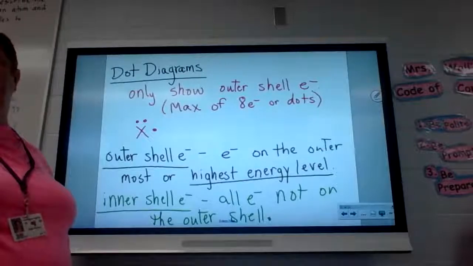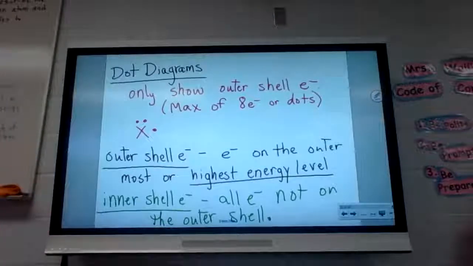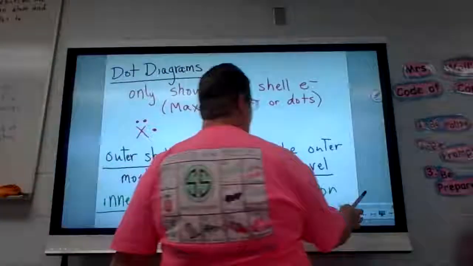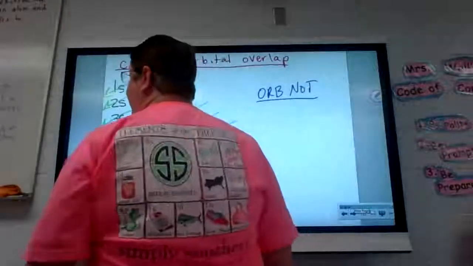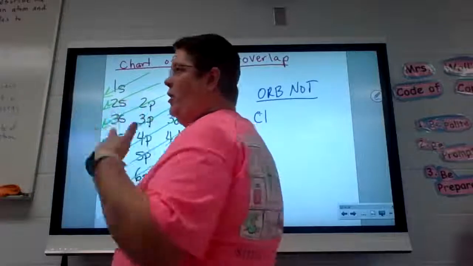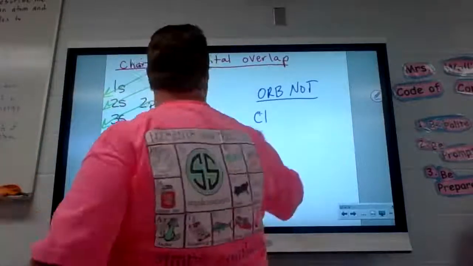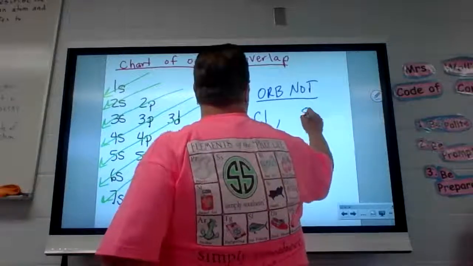Anybody else need more time on this? Tell me when you got it, Danielle. Everybody got it? All right, so orbital notation. Just like the ones we did earlier, we're going to use these for dot diagrams, so leave yourself a little bit of space to be able to come back and use them.